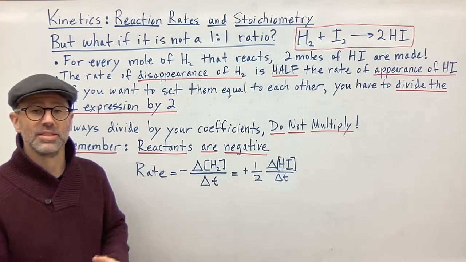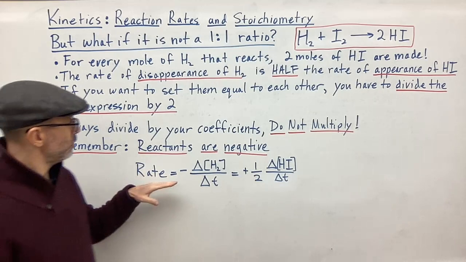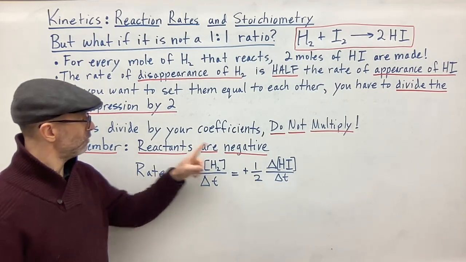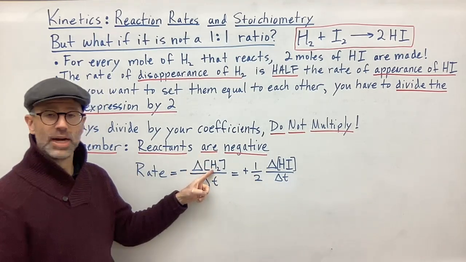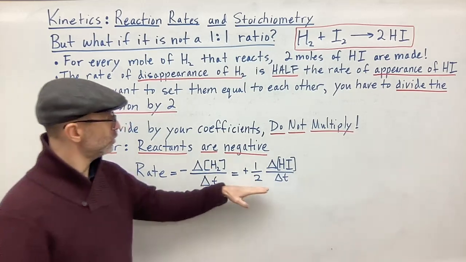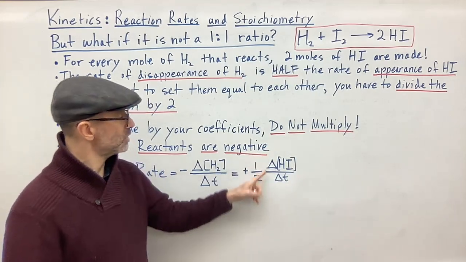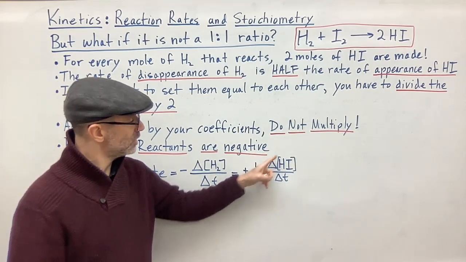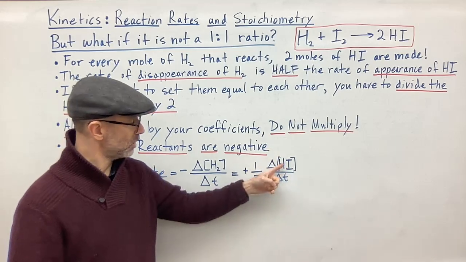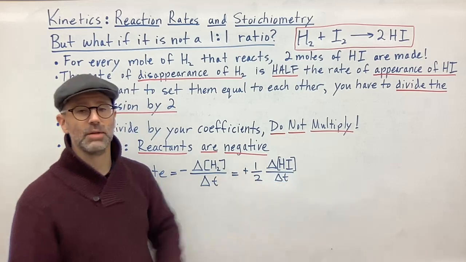The concentration is decreasing. So the rate of the reaction will be equal to the negative of the change in your concentration of H2 over time, which is going to be equal to half the rate of the increase, or the change in HI, which is increasing because it's a product, over the same amount of time.